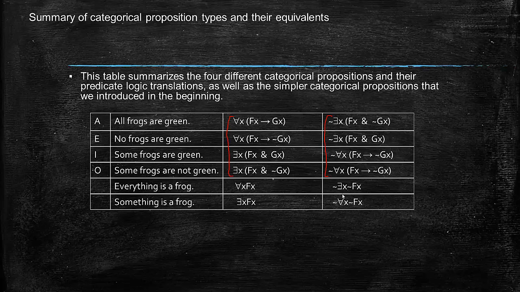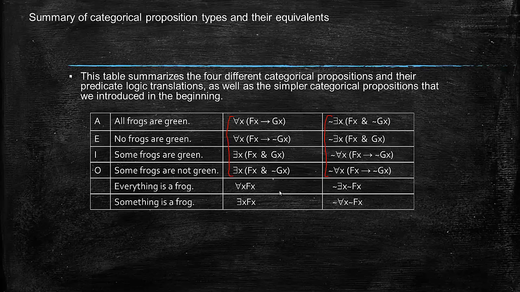Alternatively, something is a frog tells us it's not the case that for all x, it's not a frog, right? It's not the case that everything is not a frog. Something is in fact a frog. So these are logically equivalent expressions as well.